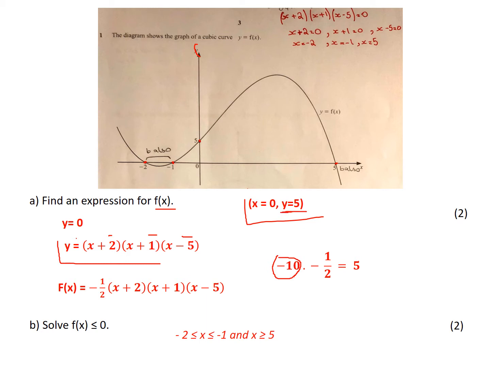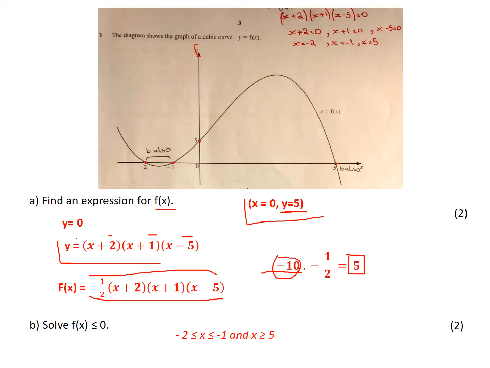Now to make this minus 10 into 5, we will simply multiply it by minus 1 upon 2, to which we will have 5. Now if we have to do the same with the whole equation, we will simply multiply minus 1 upon 2 with the whole equation, which will simply give us the function of x.